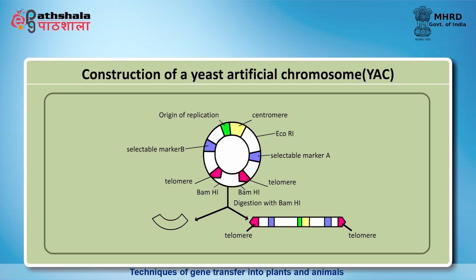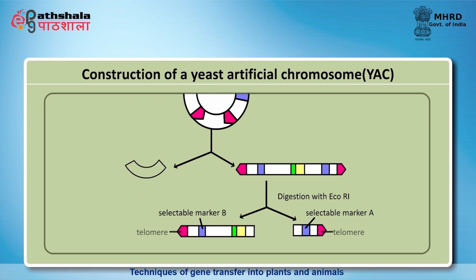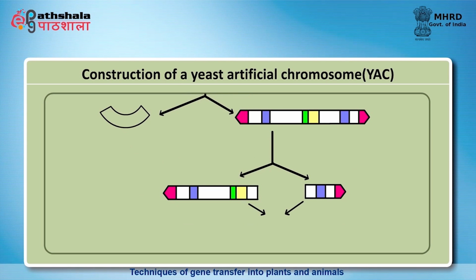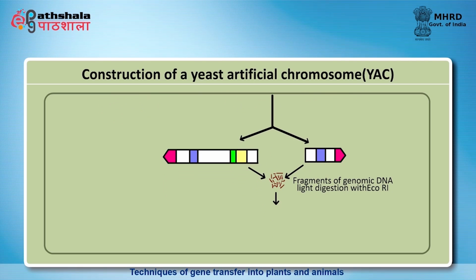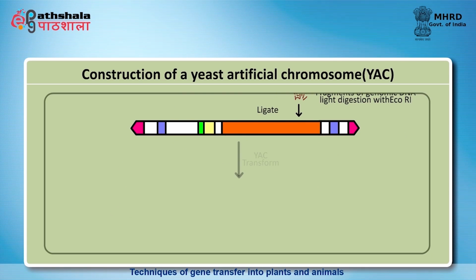Then follows the insertion of the artificial telomeric end sequences, which stabilizes the circular plasmid DNA into a very stable linear form. After this, the gene of interest is inserted using DNA ligase, making it a transgene. This recombinant artificial chromosome is then inserted into yeast for propagation and subsequent transgenesis into animal cells.